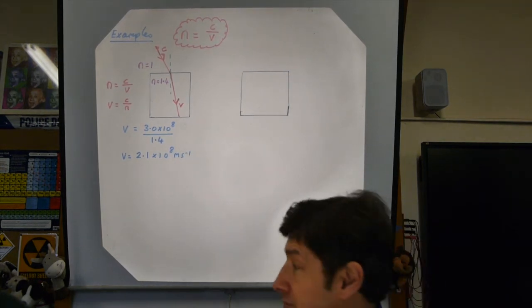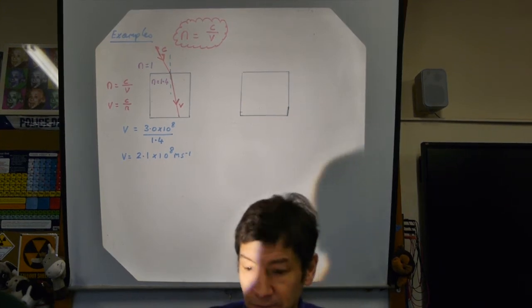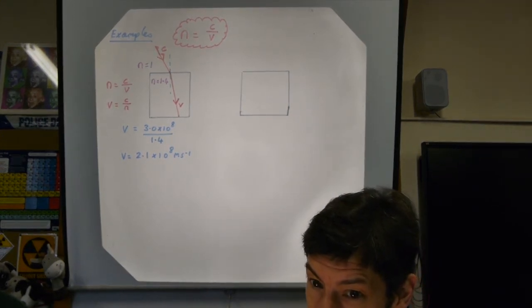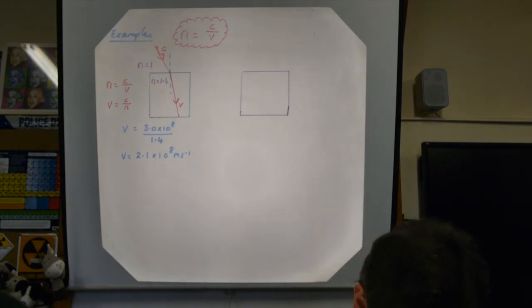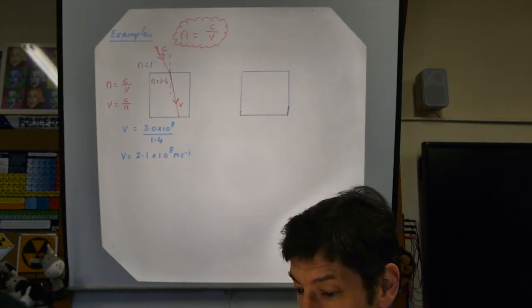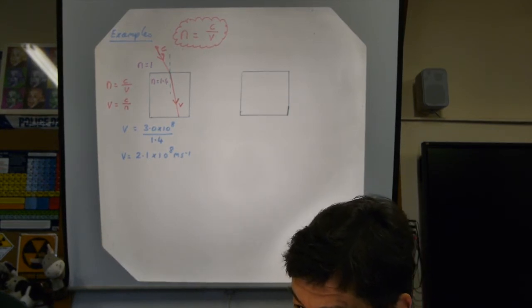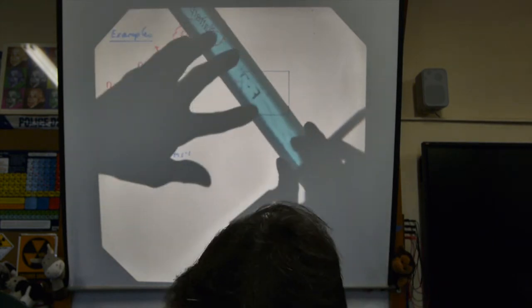Notice, when you do your calculations at A-level, that it is a smaller number. Now, what would happen if we shone light into a material that had a refractive index of 2? So, here's some light coming in.